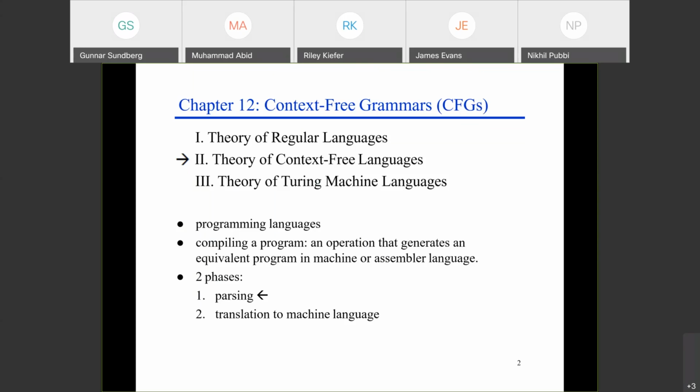So English grammar creates a template of a sentence. Exactly the same way we have grammars for these languages, which are regular languages or non-regular languages, context-free languages, context-sensitive languages.